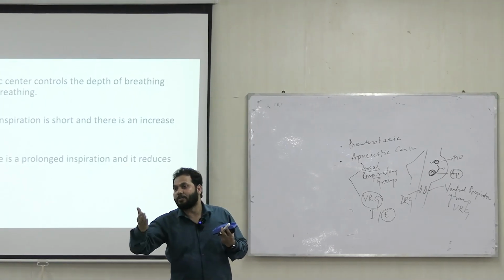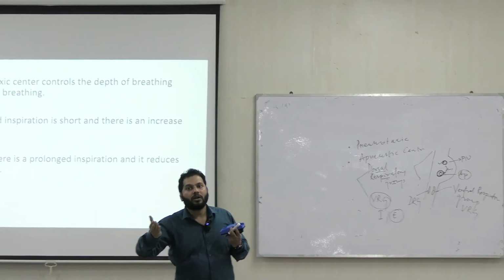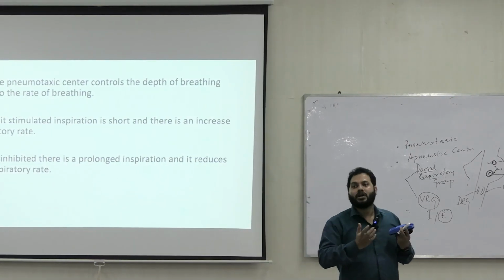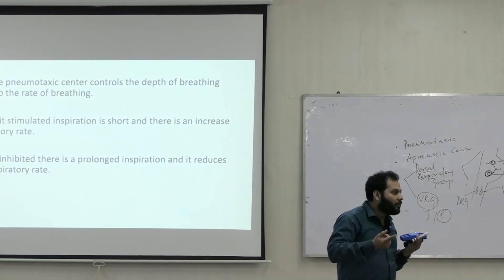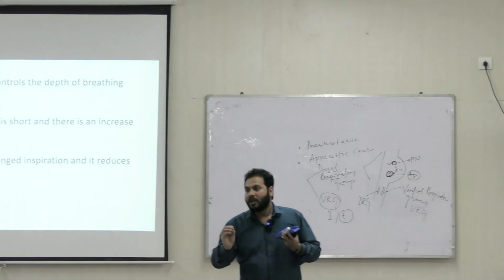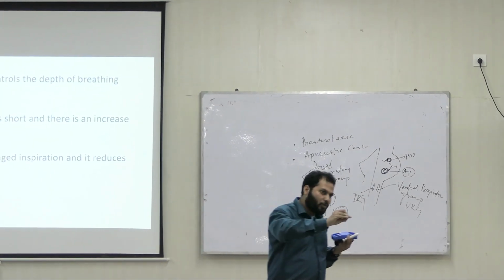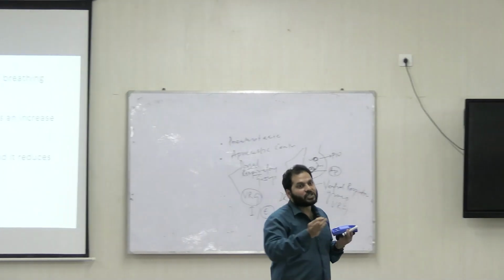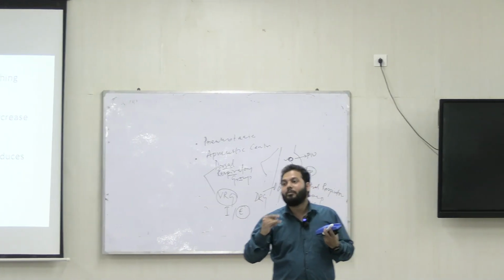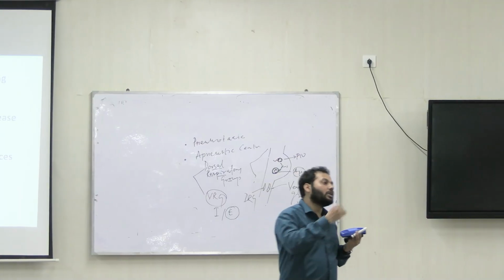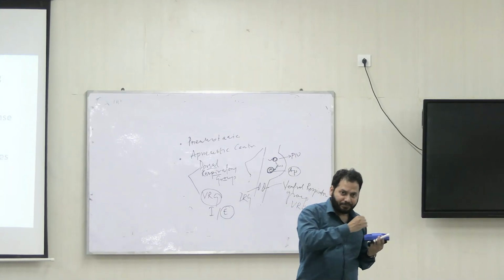Based on the response of chemoreceptors, our dorsal respiratory group improves the rate of ventilation. It means whether it is chemical regulation or neural regulation, in both cases, the response by particular respiratory centers depends on the nature of the stimulus.